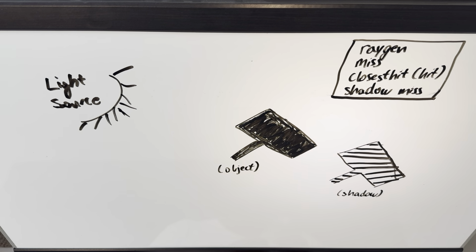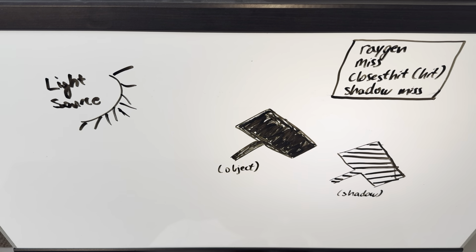So if there is no intersection, then we deem this point to be lit. So no intersection equals lit. So basically it's bright, it's illuminated, it's lit up, it's on, right?